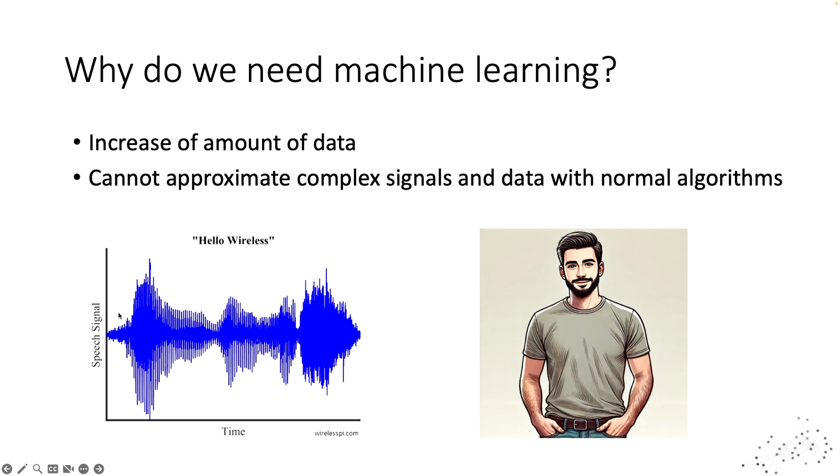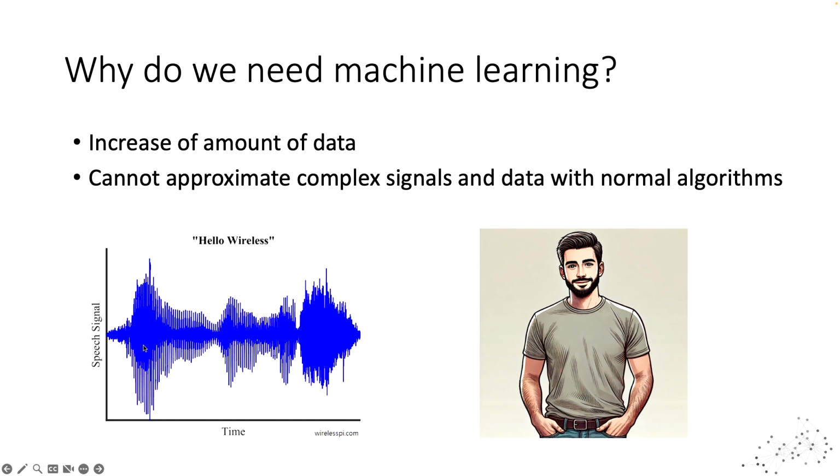Another problem is, for example, recognizing voice and converting it to text. Look at this speech signal. As you can see, it does not have some specific shape. Each person has a different timbre, and each person may pronounce some sounds in different ways.